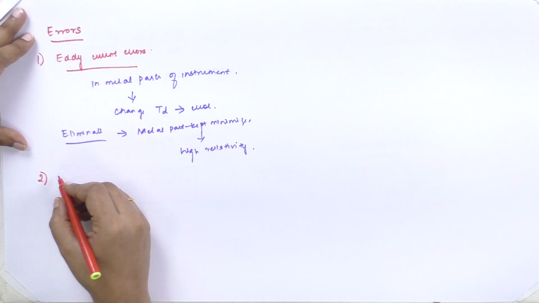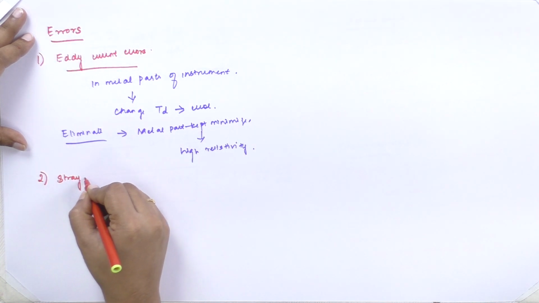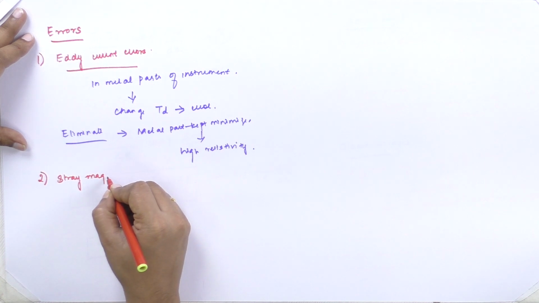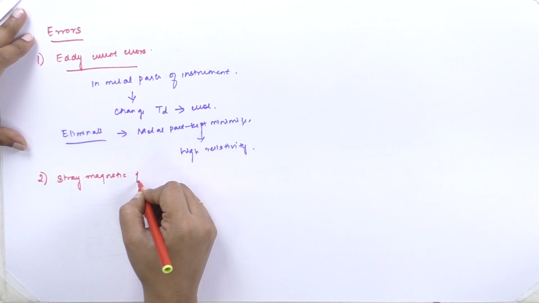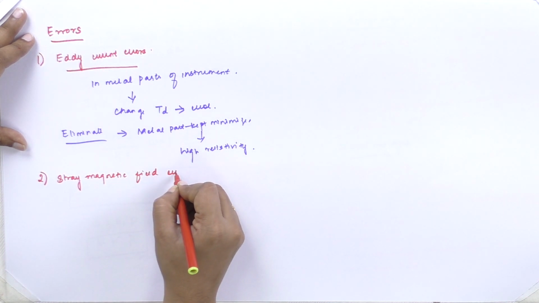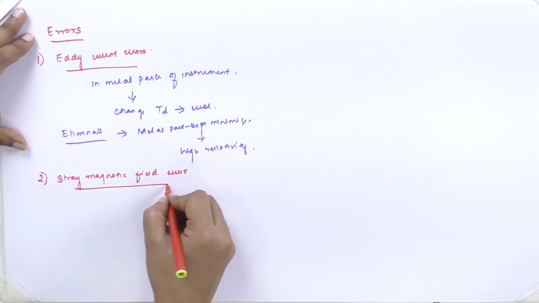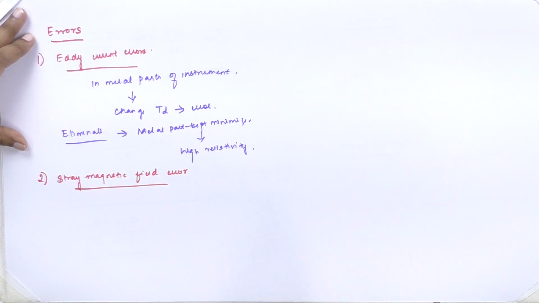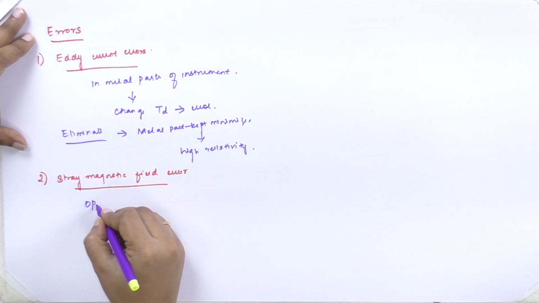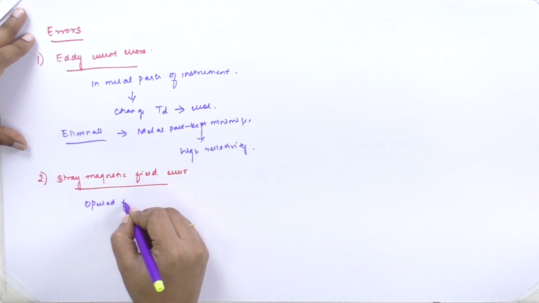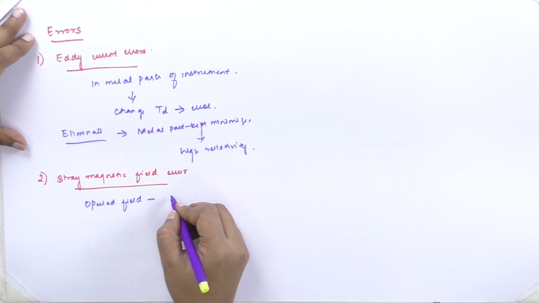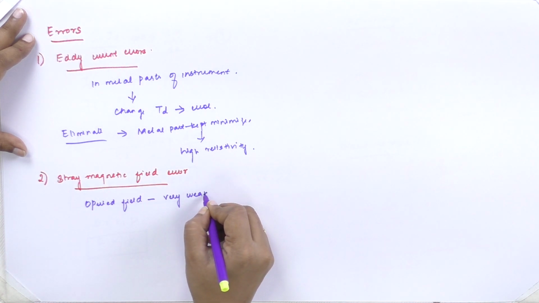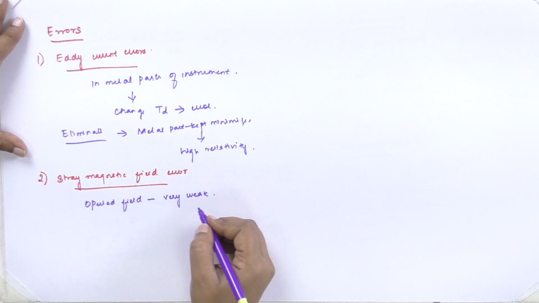The second one is stray magnetic field error. We know that here the operating field is produced by the coils, which is very weak since we have not used any permanent magnet to produce the field.